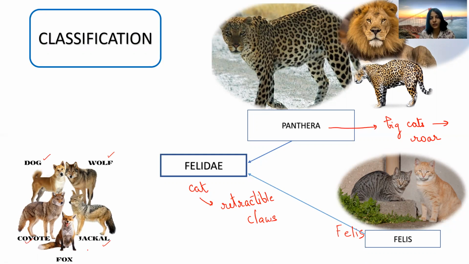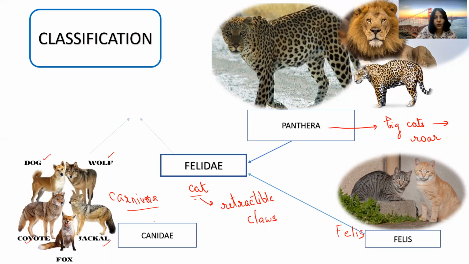Like my dog will like to eat chicken more than bread. So they are carnivorous too. So can we put them in one category which connects the cat-like organisms, which also eat flesh, and these organisms also? Yes, we can put them into one category, that is Carnivora.